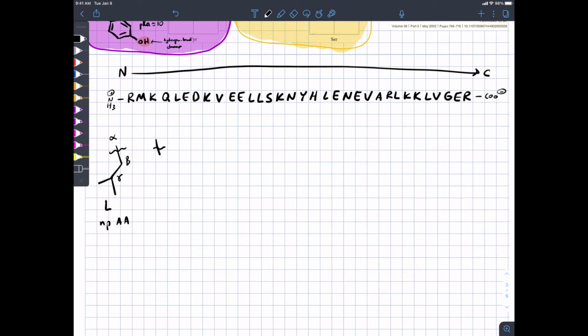Other amino acids you see in this sequence that are similar are valine, and let's see, no, that's it. I don't think we have any isoleucines in this sequence. So let's go ahead and highlight in orange all the times we see a nonpolar amino acid. And I guess I should also have included methionine.